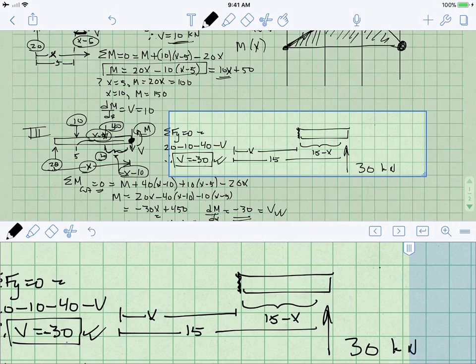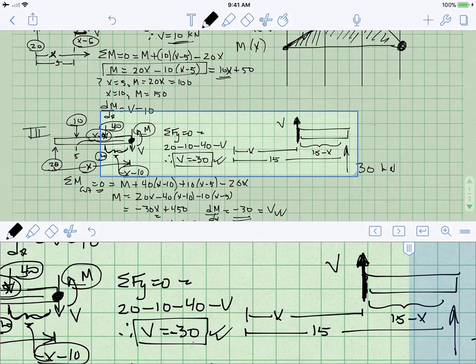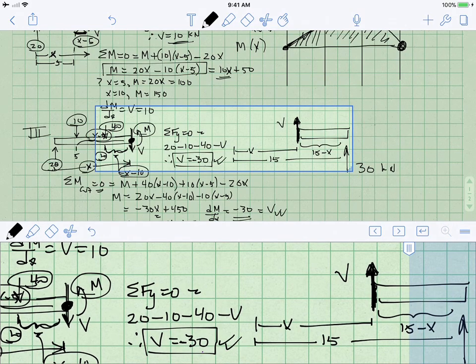When I cut a beam and I draw the internal shear and moment values, you must reverse the direction. So shear on the right-hand side must point up. I want to repeat that. Shear on the right-hand side of the beam must point up. The reason for that is that it pointed down on the left-hand side of the beam, and these are internal forces, so they must cancel out.